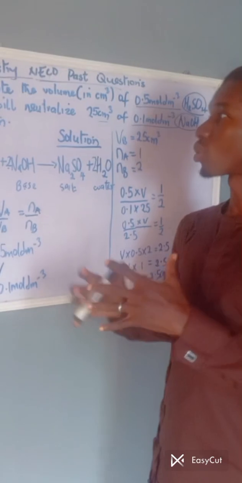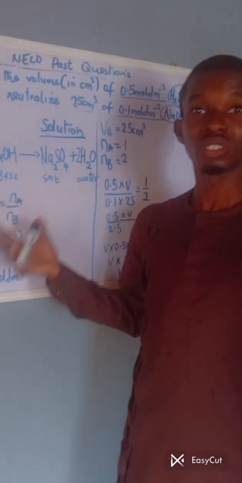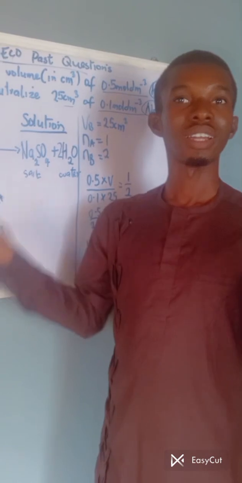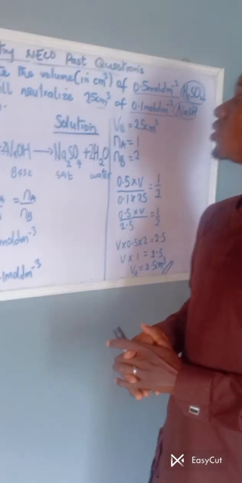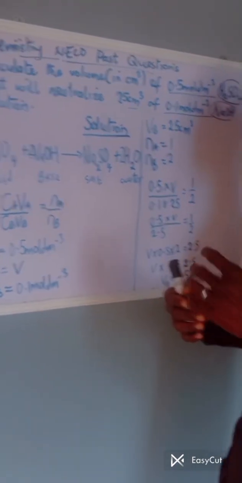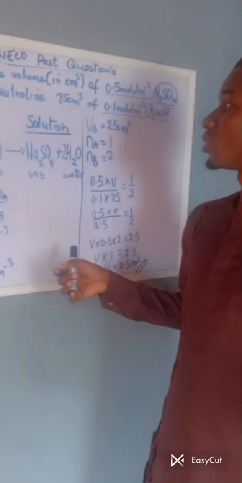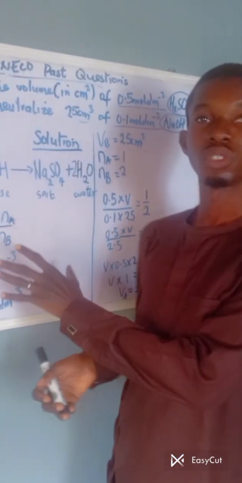So what are some key points we have actually touched in this question? First of all, we've seen that neutralization is the complete reaction of an acid and an alkali or base to form salt and water only. We've seen that when you have a neutralization reaction, you have to first of all write the balanced equation. After writing the balanced equation, you now bring out your neutralization formula.